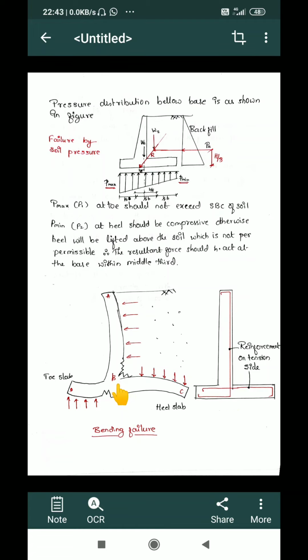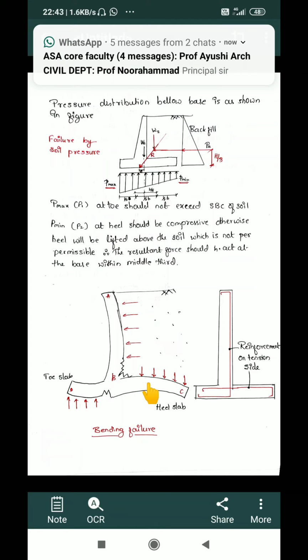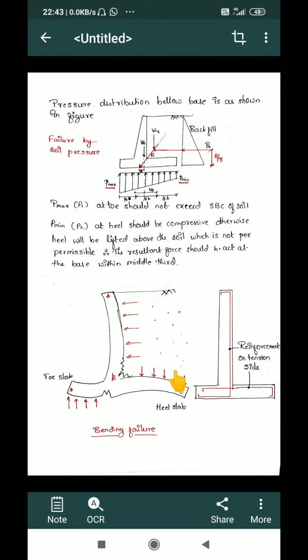On the heel slab, when a backfill load is acting in a downward direction, there will be soil pressure from below, so there will be a sag in the toe and a hog in the heel, causing tension on the upper side and compression on the lower side. So reinforcement will be on the upper side in the heel slab and on the lower side in the toe slab.